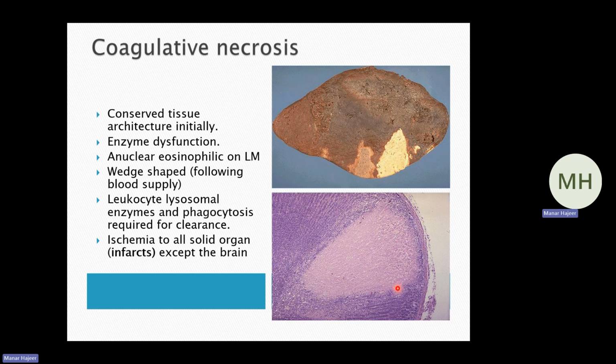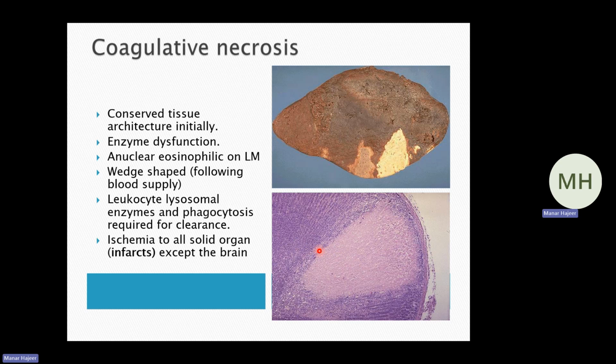So it's a wedge-shaped area of pallor due to cut of blood supply. Under the microscope, it is also a wedge-shaped area of anuclear eosinophilic cells. So the cells are devoid of nuclei لأنهم dead cells. وهذا اللي بنشوفه على اللايت مايكروسكوب.